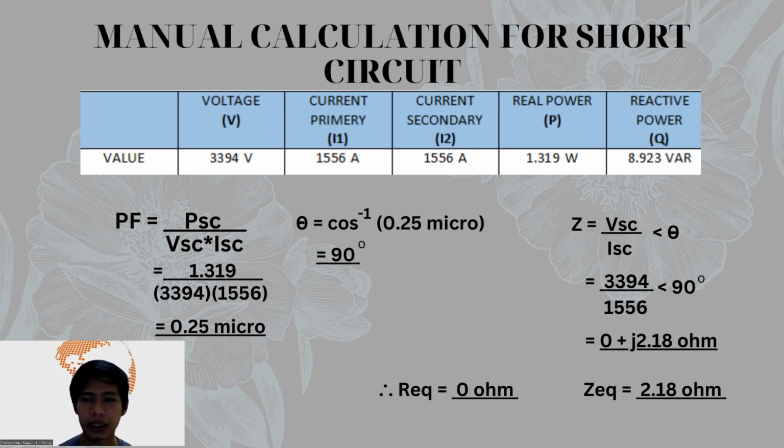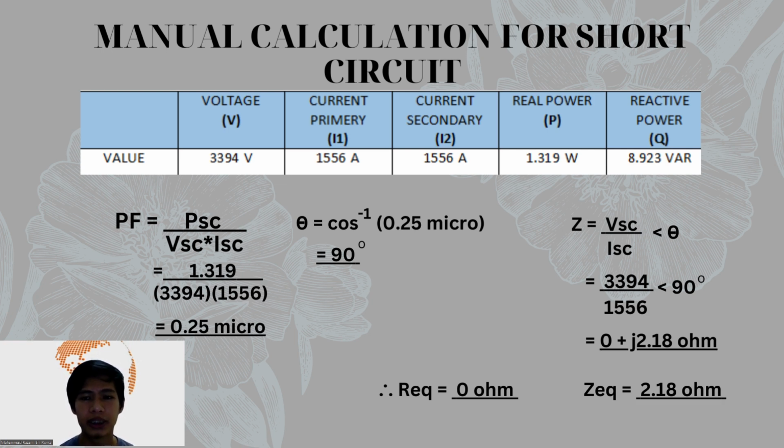After I get the values, I use them to find the power factor from PSC divided by VSC and ISC, which gives 0.25. Then I calculate the angle and I get 90 degrees.